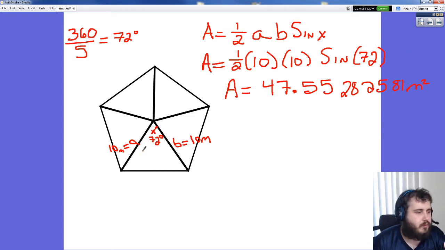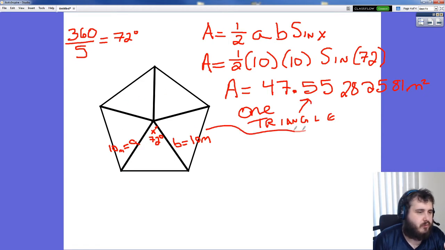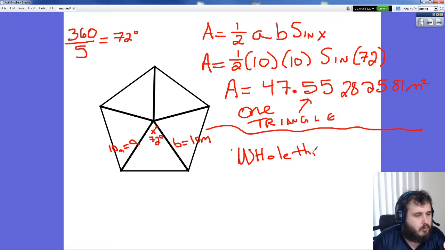You only found one of these triangles, but how many triangles are there? One, two, three, four, 5 of them, right? So if we're going to find the whole thing, we better do times 5. Just do times 5.